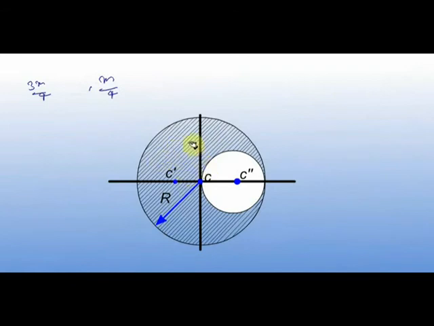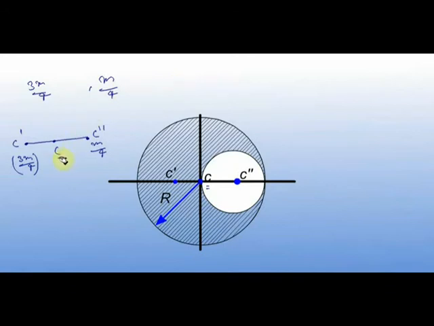Now the center of mass of this complete disk without any hole will be at C. So now this problem reduces to the following: we have two masses, one of mass 3m by 4 and the other of mass m by 4. This is the center of mass of mass 3m by 4, that is C dash. This is the center of mass of mass m by 4, that is C double dash, and in between there is a center of mass of these two particles.